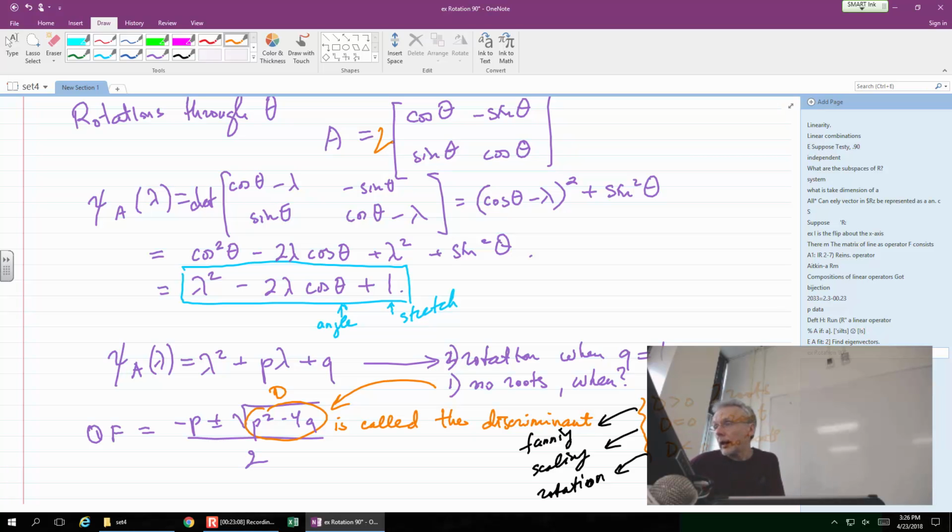Okay, so these are the 3 cases, and that will produce our classification of what a linear operator can possibly do, and these are the 3 things: fanning between 2 eigenspaces, uniform scaling, or rotation combined with a stretch, uniform stretch once again. So rotation and scaling.